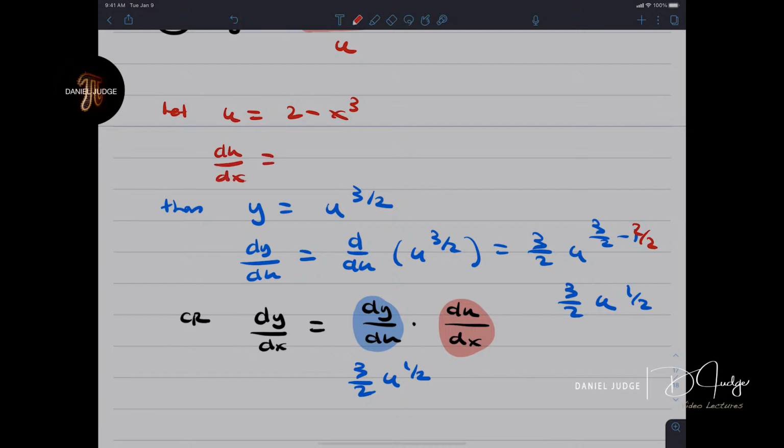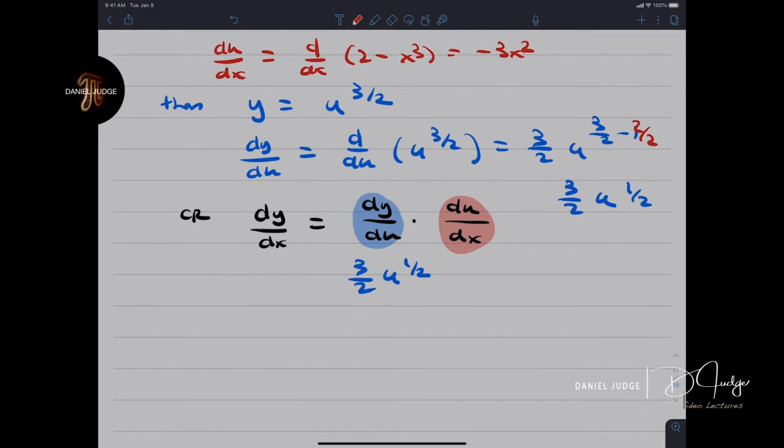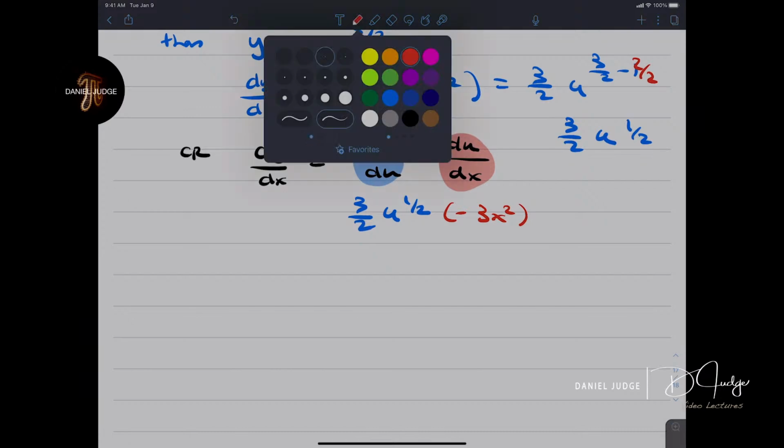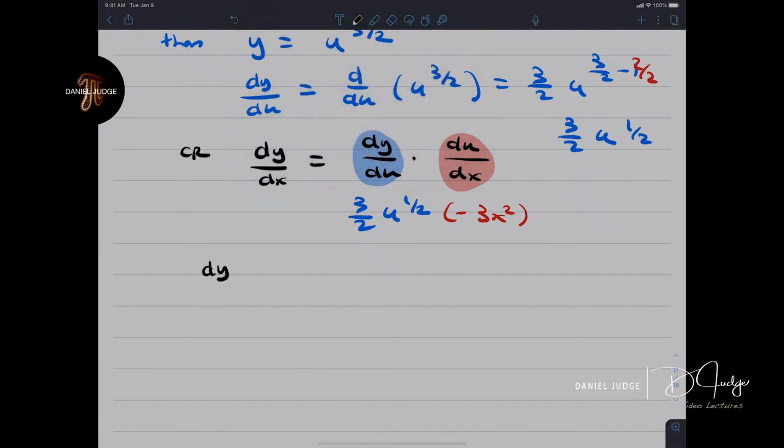Du dx. d dx of 2 minus x cubed is minus 3x squared. So this portion becomes minus 3x squared. So dy dx is 3u to the 1/2 over 2 times negative 3x squared.